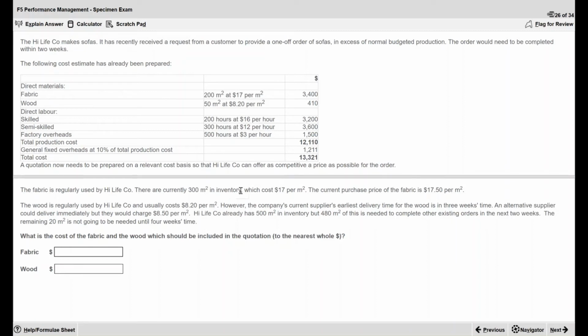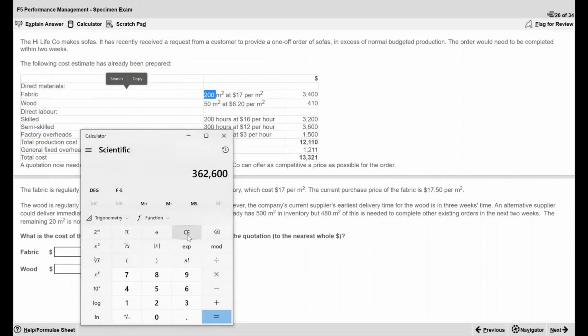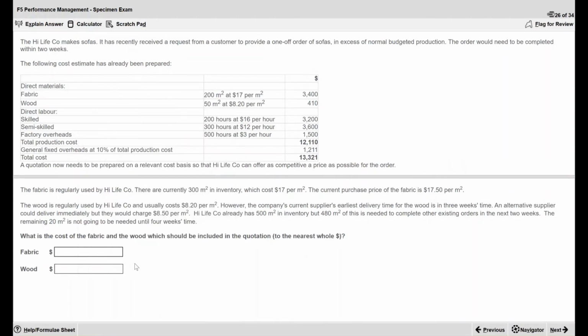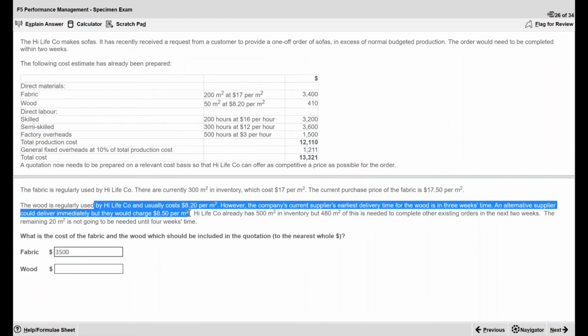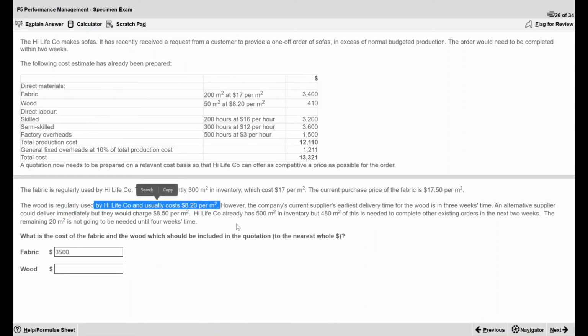Remember, available is 300, but we only need 200 square meters. So 200 multiplied by the 17.5, which is the current replacement cost. So 3,500 would be the answer here. Next we have wood. Wood is also regularly used. It means the replacement cost.